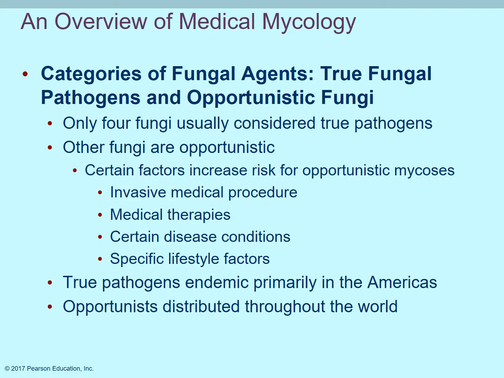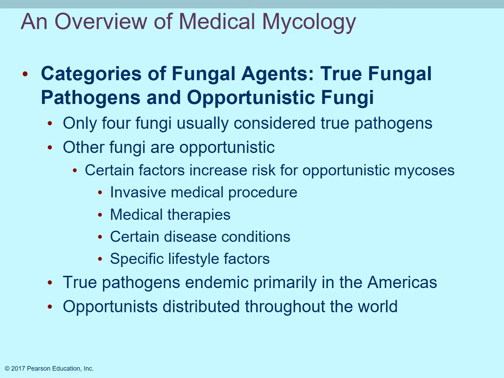There's only 4 fungi that are considered true pathogens. All the others are considered opportunistic. There are certain factors that can increase a person's risk for developing an opportunistic infection by these fungi. That would be if you have any type of invasive medical procedure done, any type of medical therapy, certain disease conditions, and certain lifestyle factors.